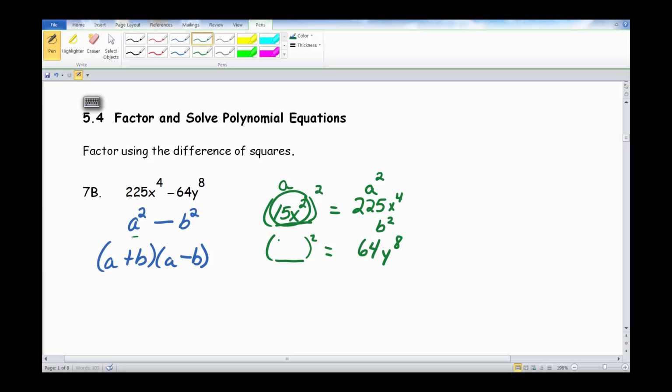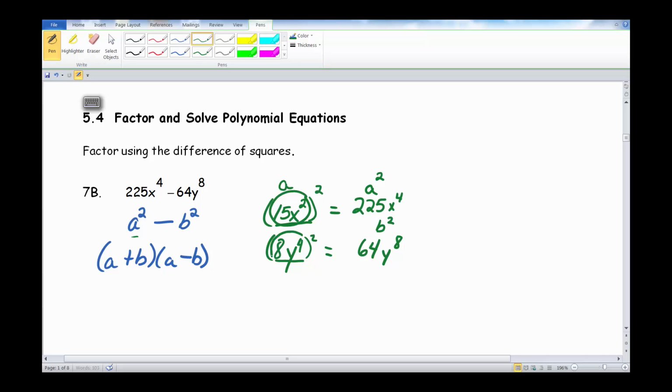Well, we know that 8 would accomplish that. We would also have to figure out what exponent we need for this y to the 8th. Well, we certainly need the base of y. Again, power to a power, we are multiplying those exponents. In order to get that 8, we would have to have an exponent of 4 here. Because 4 times 2 gives us that y to the 8th that we're hoping for.